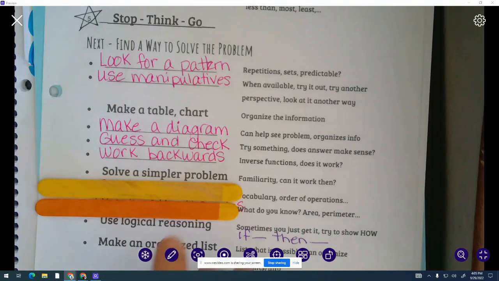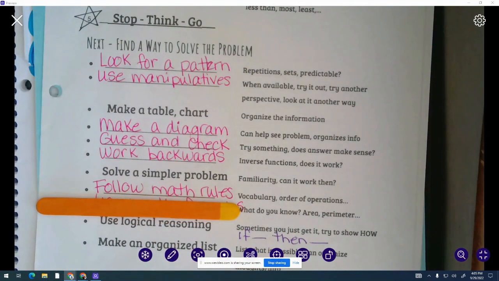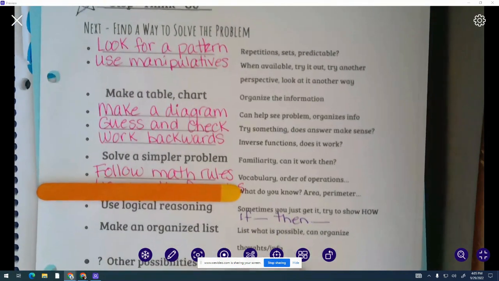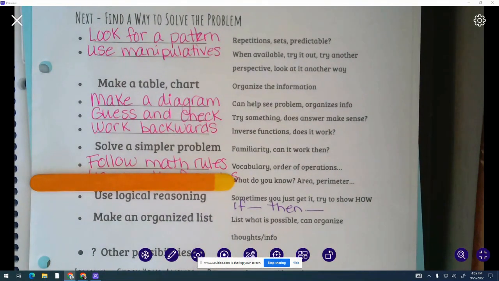Next is following math rules. This is going to really come in handy when we start doing order of operations, which ironically has come up. I just haven't pointed it out, but there are rules in math.